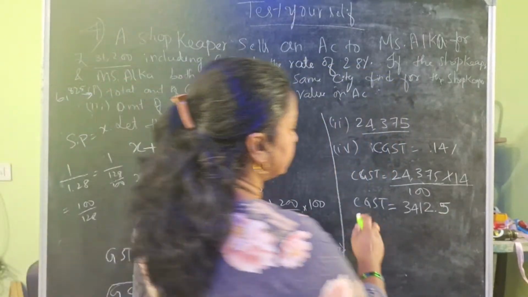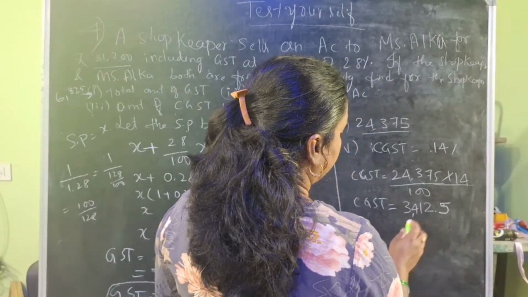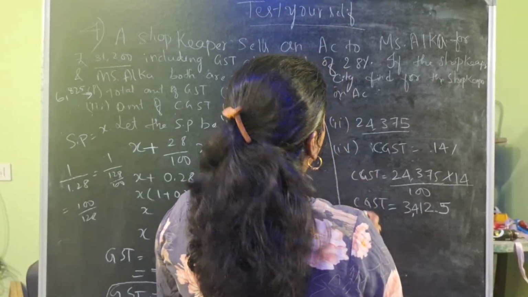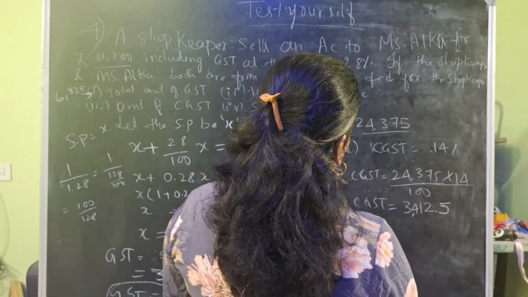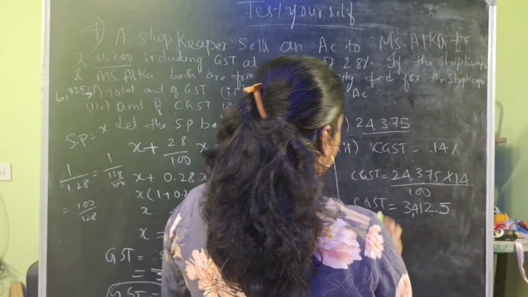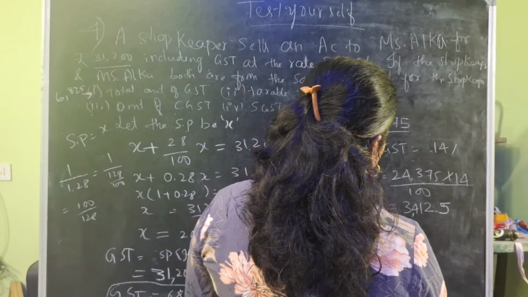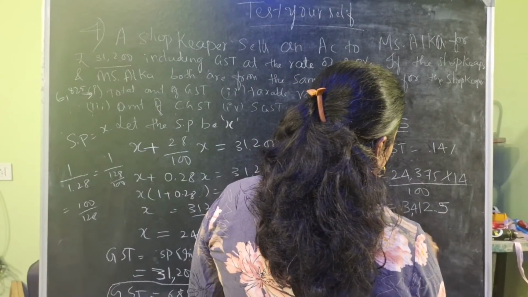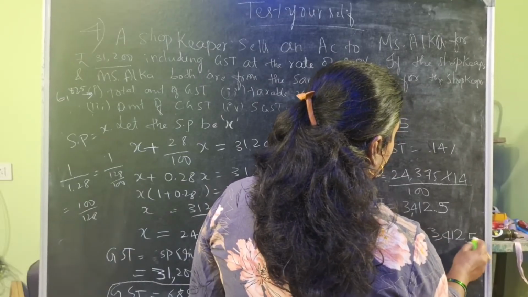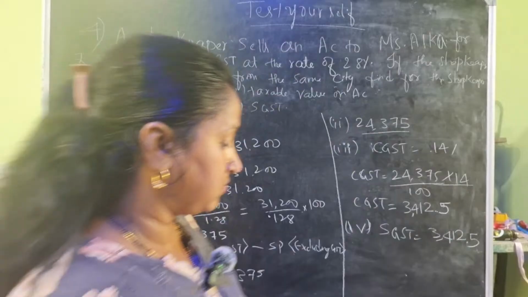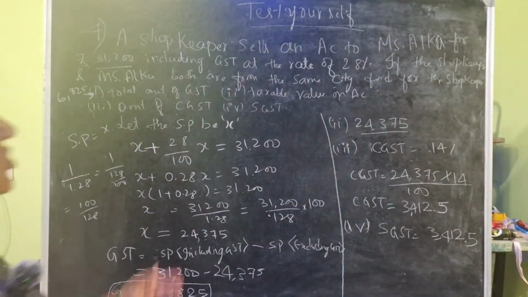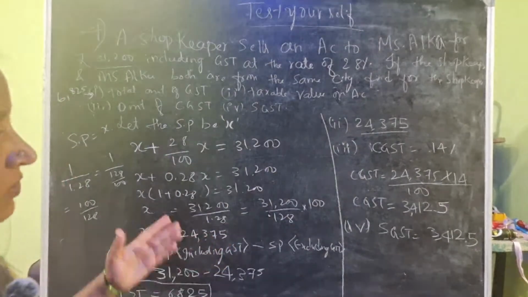See, if CGST is 3,412.5, then SGST is also the same. SGST is equal to 3,412.5. Hope you all have understood. Please take the screenshot. We'll move on to the next question.